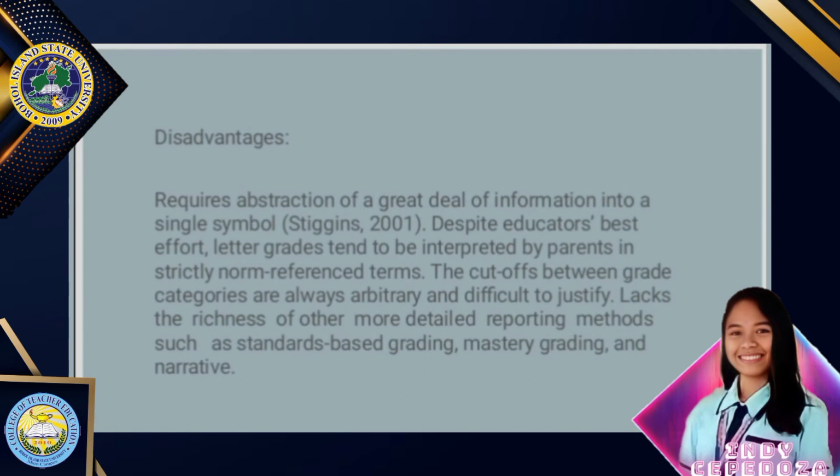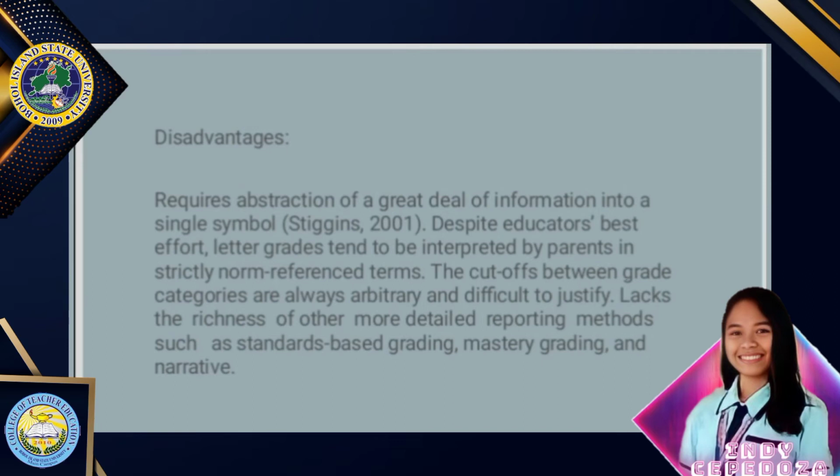It requires abstraction of a great deal of information into a single symbol. Stevens, 2001. Despite educators' best effort, letter grades tend to be interpreted by parents in strictly norm reference terms. The cutoffs between grade categories are always arbitrary and difficult to justify.